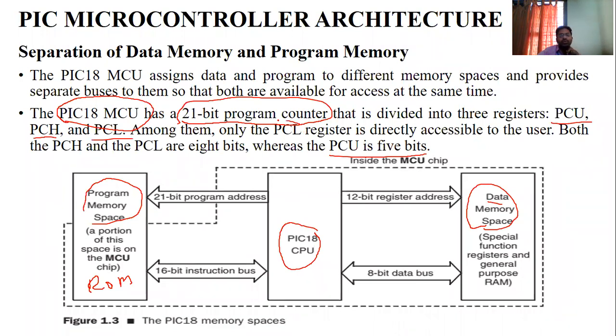The lower part, the PCL register, is directly accessible by the user. Both PCH and PCU are 8 bits, because the PC is 21 bits only. So 8 bits, then 8 bits, 16, and 5, 21 total. What is the functionality of the program counter? The program counter generates the addresses for the next instructions.